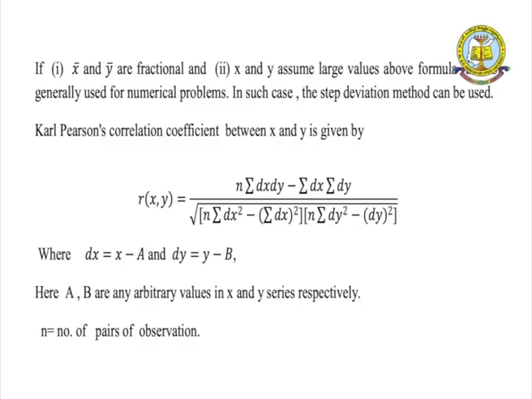Here n is equal to the number of pairs of observations. What is d? dx is equal to x minus a, where a is any arbitrary value, and similarly dy is equal to y minus b. The unknown quantities here are a and b, which are arbitrary values in the x and y series respectively.